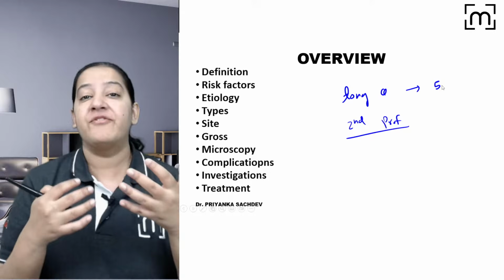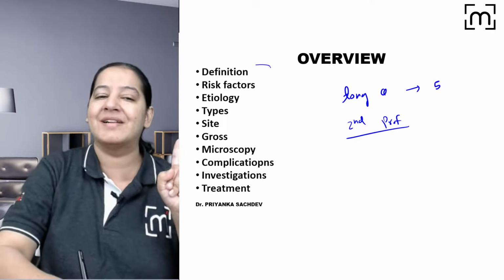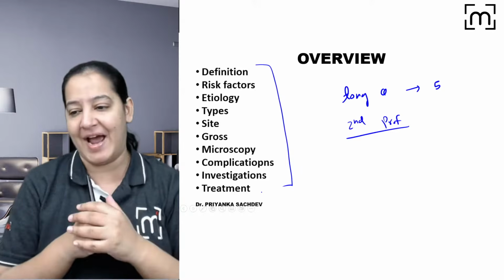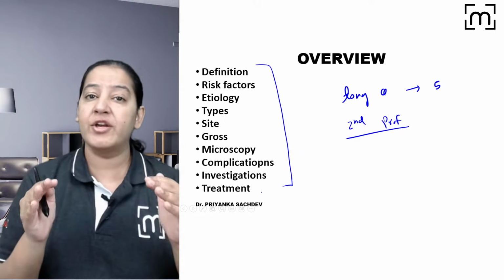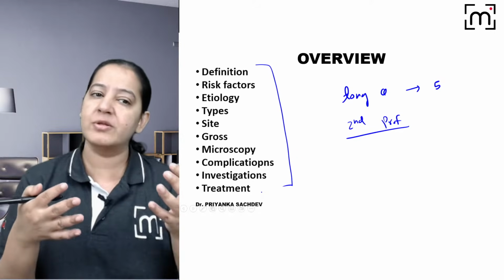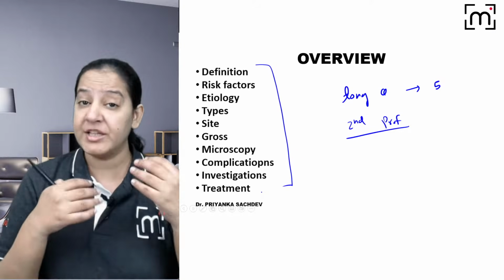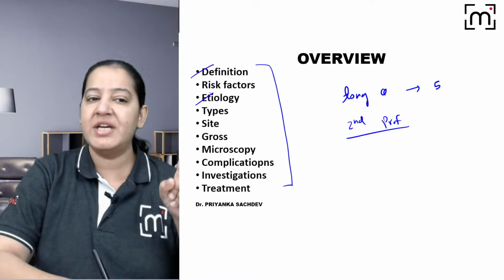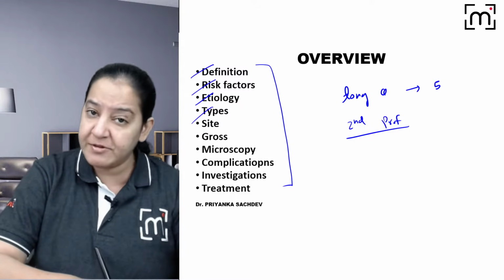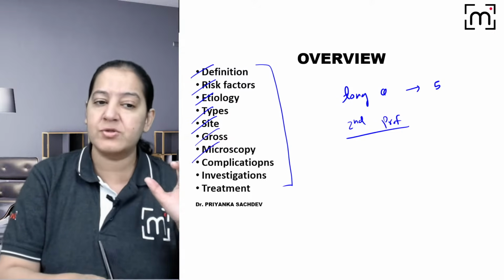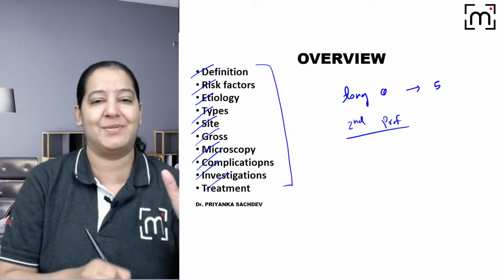If it comes as a long question, you have to describe peptic ulcer under the following headings. Always try to split your topic into multiple headings, so it will be easy for you to learn and understand that topic, and easy for the examiner to check it. First define peptic ulcer, then etiology, risk factors, how many types of peptic ulcer there are, their sites, gross, microscopy, complications, investigation, and treatment.